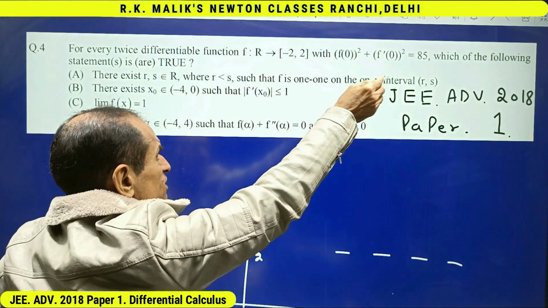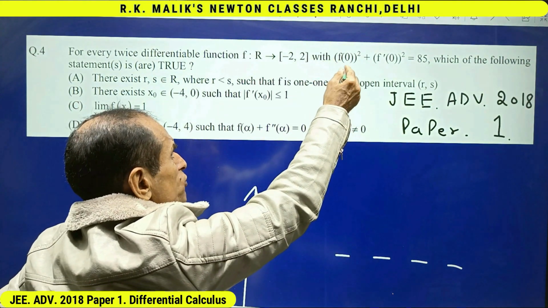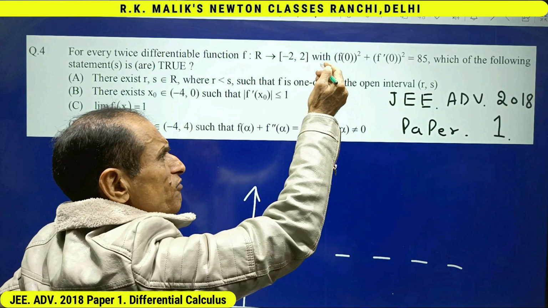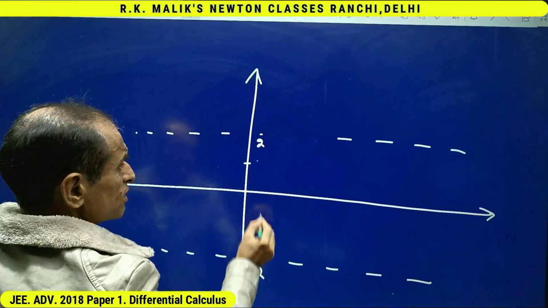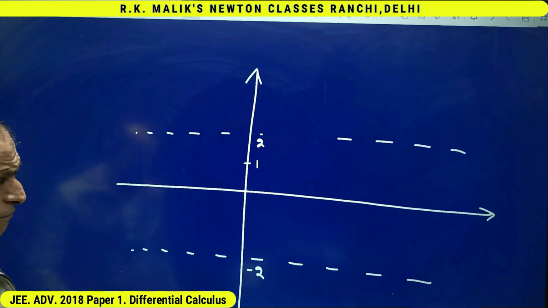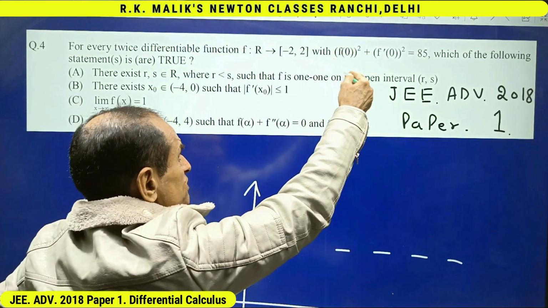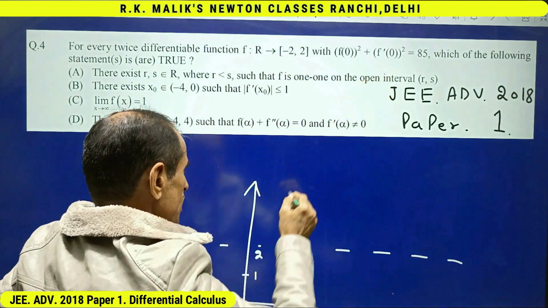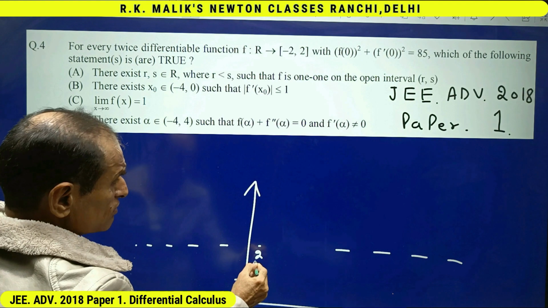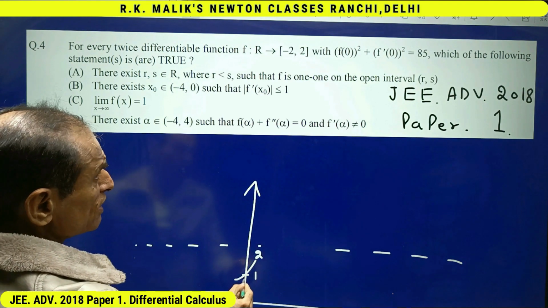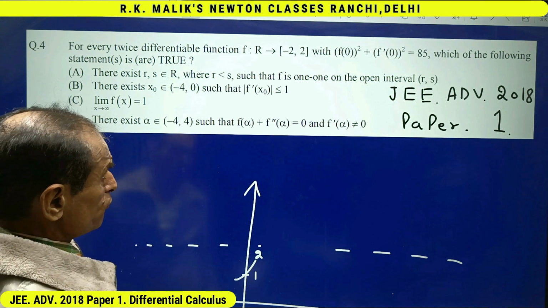And to make this condition satisfied, say the value of f0 I take, say 1. 1 I have taken arbitrarily. That is, the graph is passing through this point. And to make this condition satisfied, I can draw the graph in such a way that the slope of tangent at this point becomes under root 84.